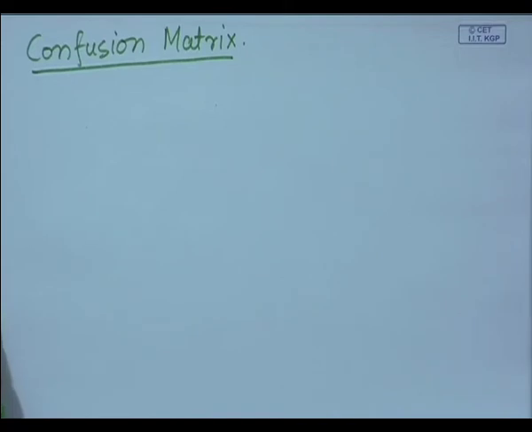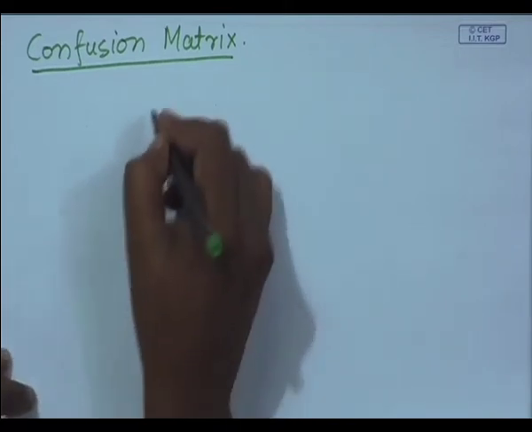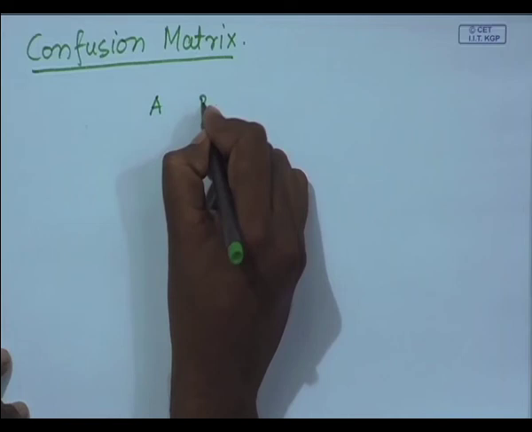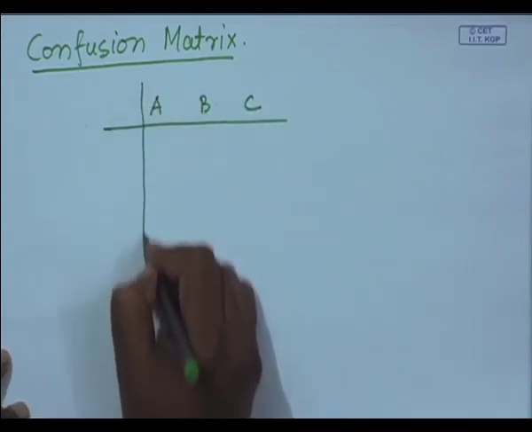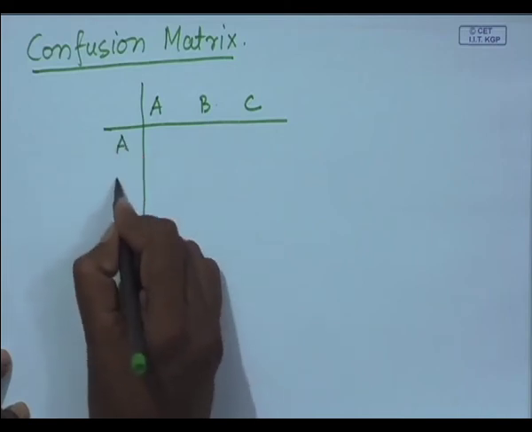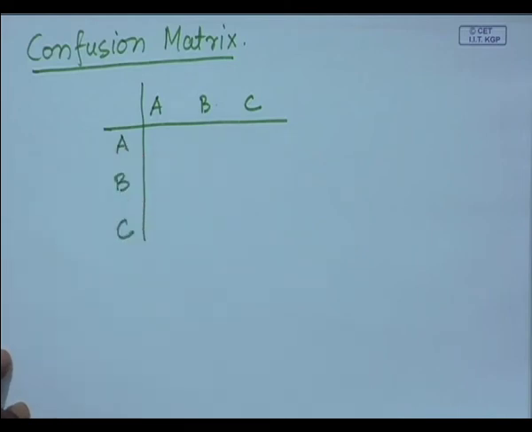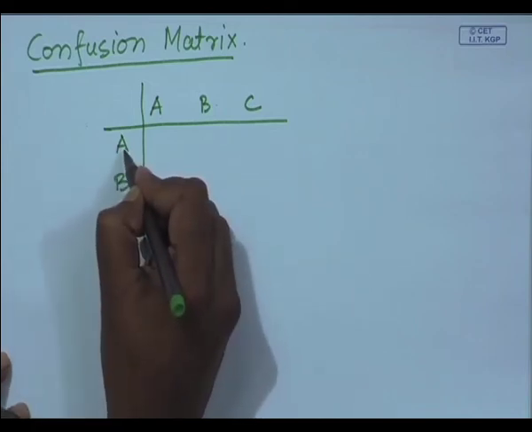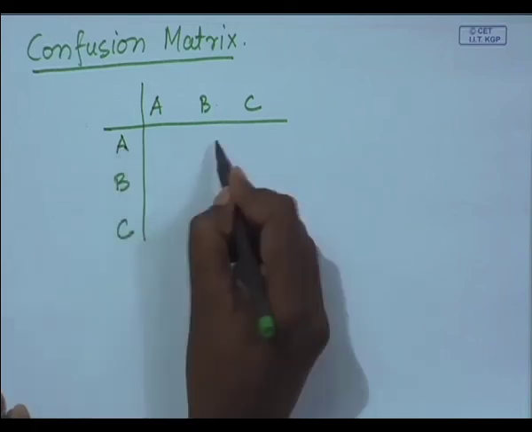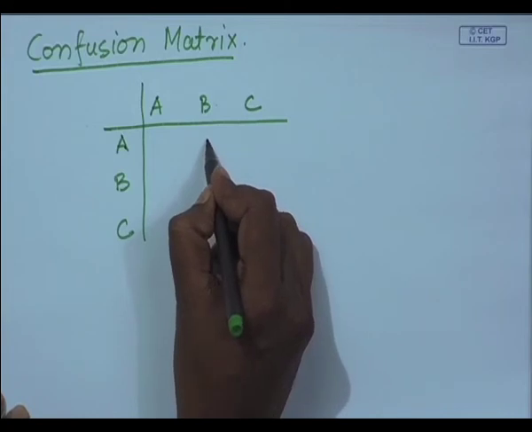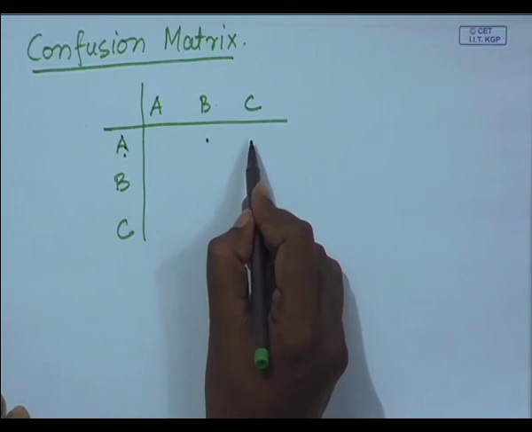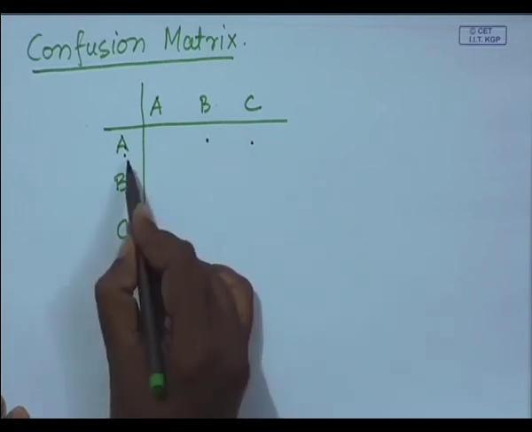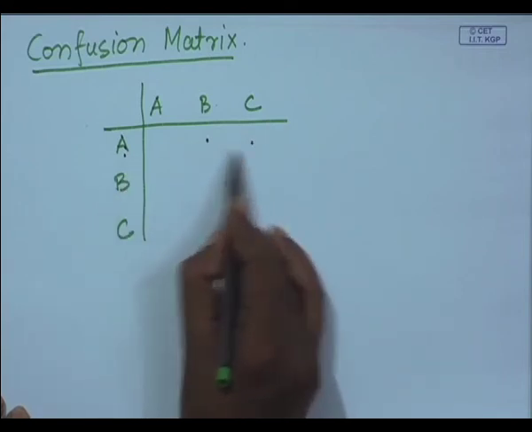The confusion matrix says that, suppose I have three different classes, class A, class B, class C, and the confusion matrix is plotted in this manner: A, B, C. It says how many samples belonging to class A have been classified as class B, and how many as class C. These are wrong or false classifications.